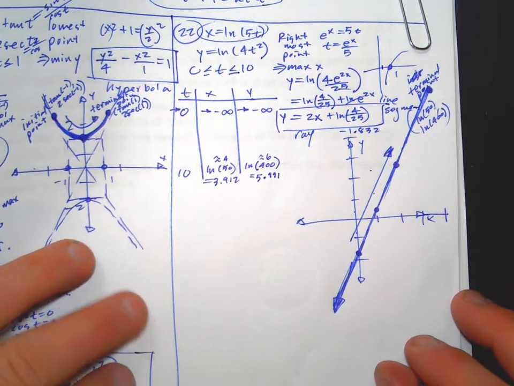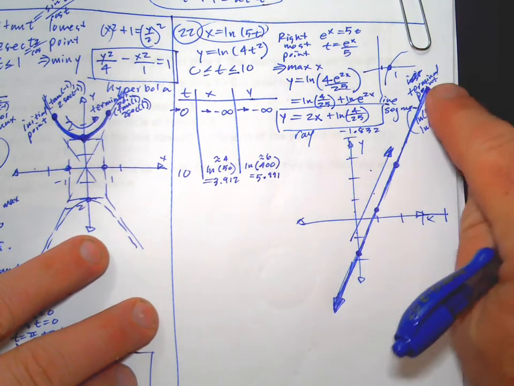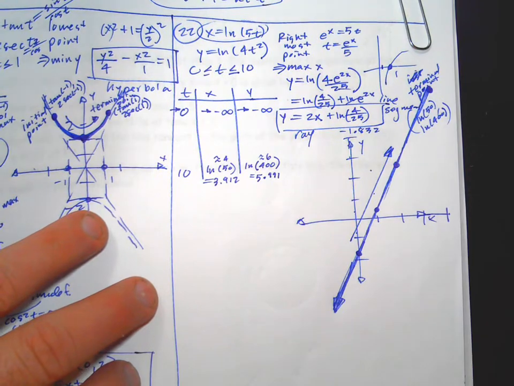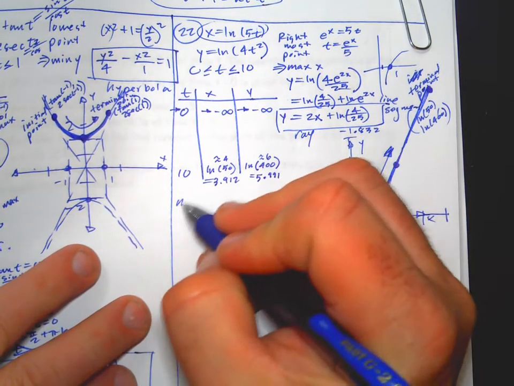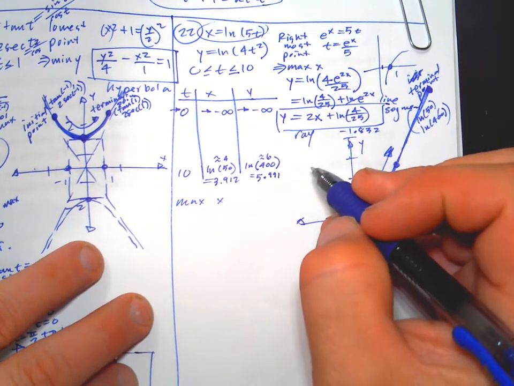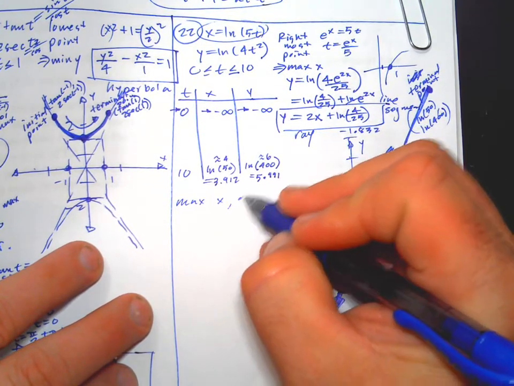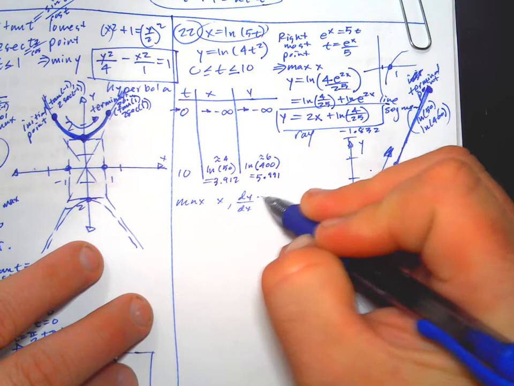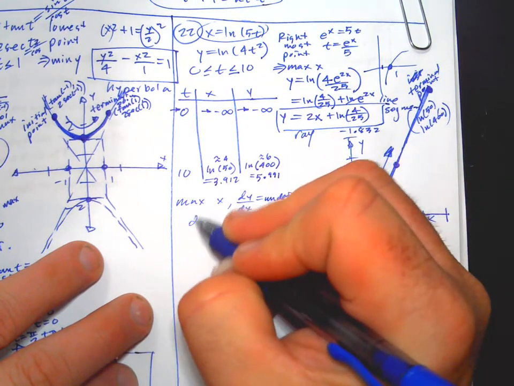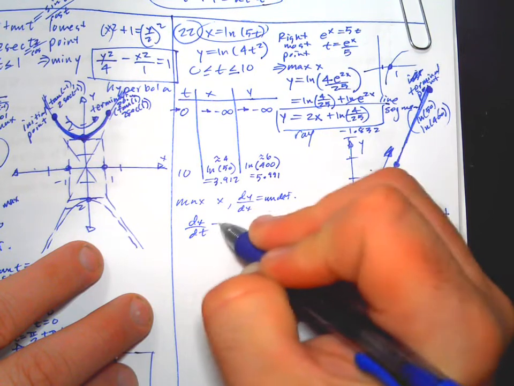Now we're looking for the max x, which looks on our picture to be that, but we need to show some work to verify it. So if you're looking for max x, that generally corresponds to when dy dx is undefined because it's vertical motion, which is when dx dt equals 0.